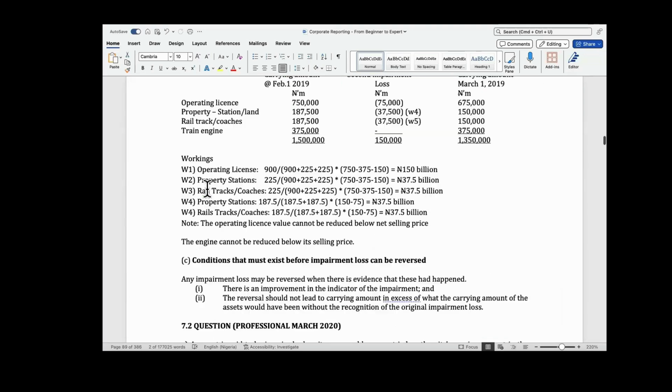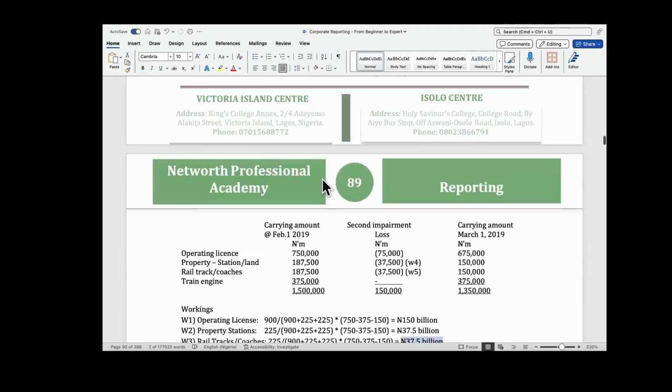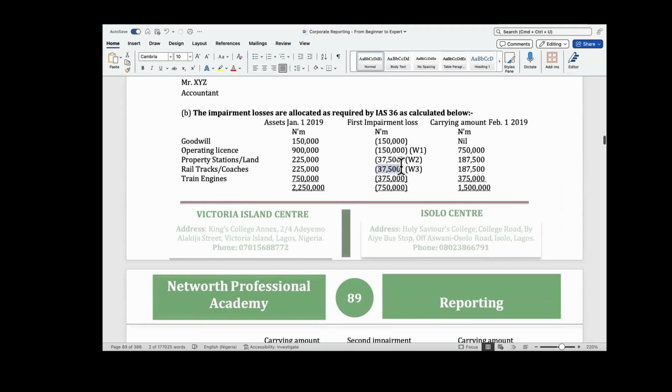Then to the road tracks, 225 over the total value multiplied by 225, the remaining impairment loss, also gives us 37.5. Then you come here and allocate 37.5. So we have allocated the entire 750.